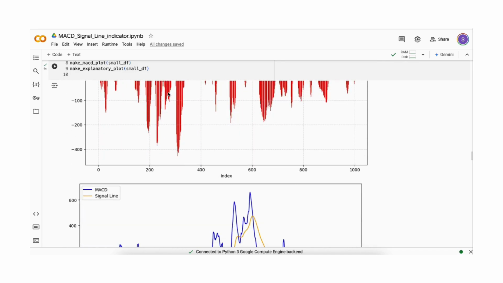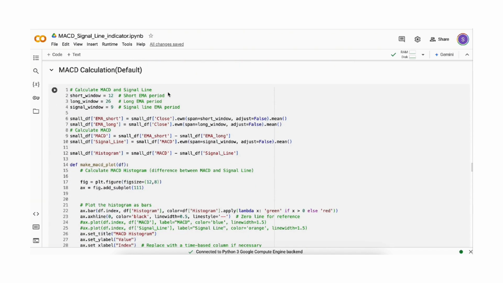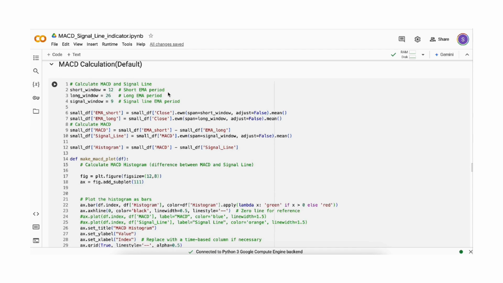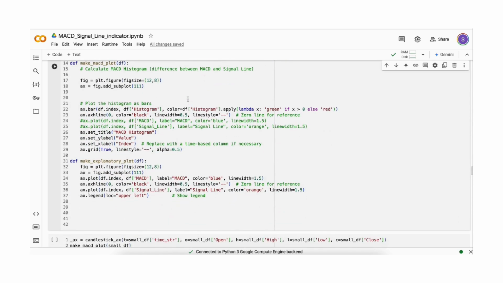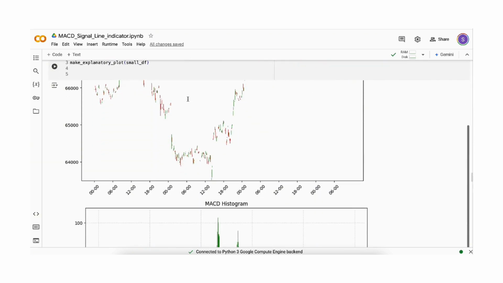So now let's backtest some trades with the MACD. So here is, again, the default numbers. If you go to a charting software, you will see that the default numbers that are always used are short window 12, long window 26, and the signal window of 9. We can look at what happens if we change it to those default numbers.